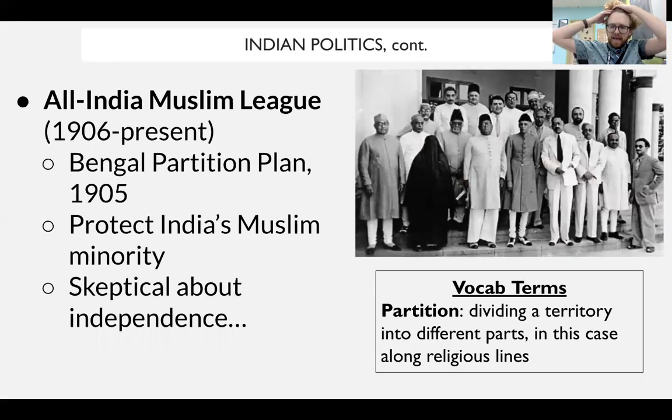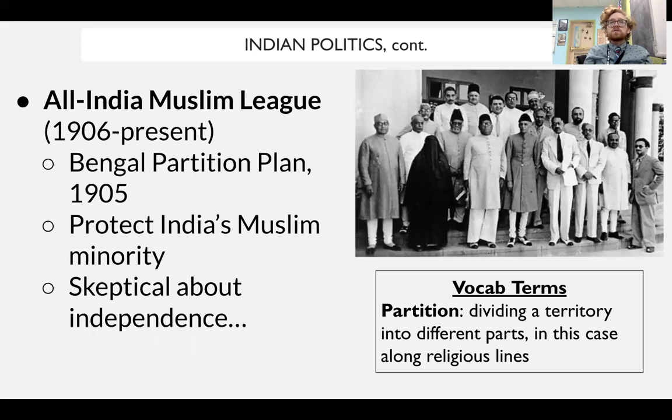The partition plan is not viewed well by Muslims, especially this prospect of having a Hindu-majority area where a Muslim minority could be persecuted. So to advocate for the interests of Indian Muslims, we see the rise of the Muslim League.